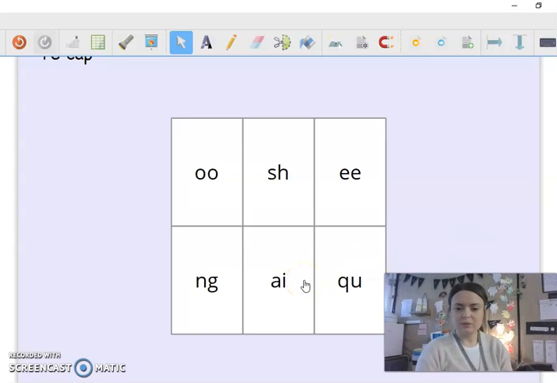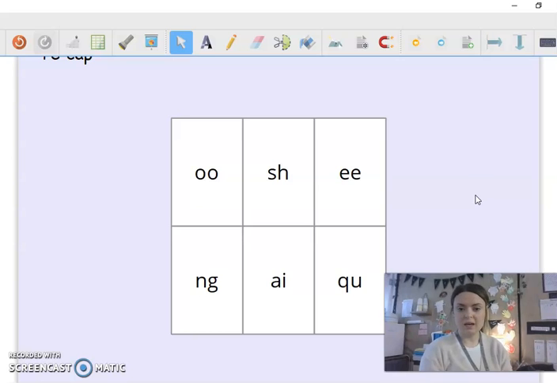Okay, good. Next one, find the grapheme that is represented by the sound Qu. Good. And the last one, find the grapheme that is represented by the phoneme Oo.